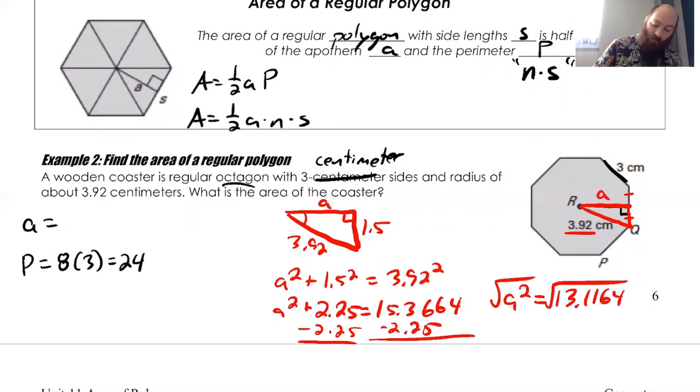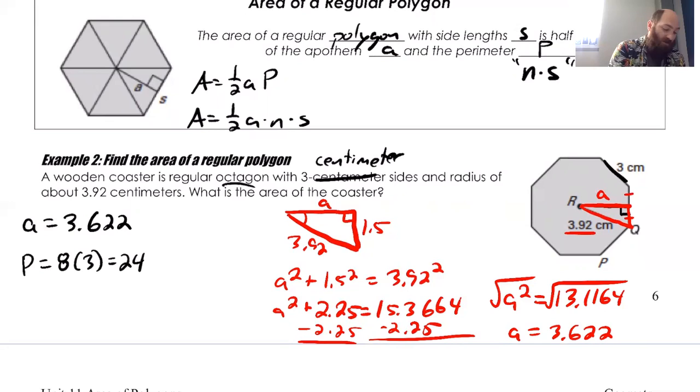And then I will square root this number, and I get an apothem of 3.622. So I've used the Pythagorean theorem. A lot of those right triangle things are not going away, and we can get more challenging with that. For now, just know that we can use the Pythagorean theorem to help us find our apothem.